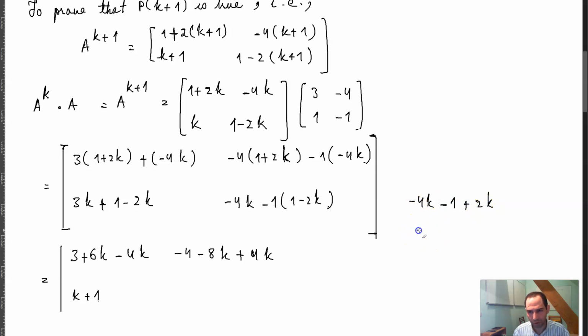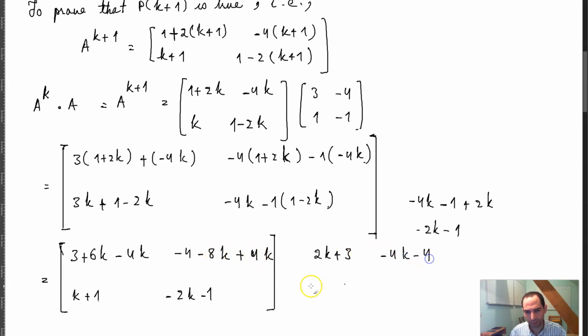Negative 4k plus 2k is negative 2k minus 1. So over here you have 6k minus 4k is equal to 2k plus 3. Over here you have negative 4 minus 8k plus 4k is negative 4k minus 4. Over here you have k plus 1 and negative 2k minus 1.